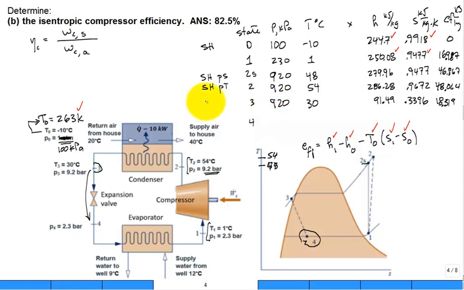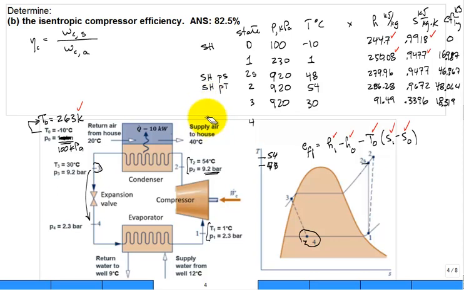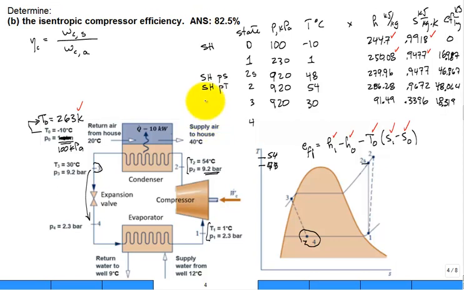Then we go through the expansion valve from 3 to 4. I should have put down that state 3 is compressed liquid, or subcooled liquid, and you know the temperature. At state 4, it's going to be two-phase, and we know the pressure and the enthalpy.